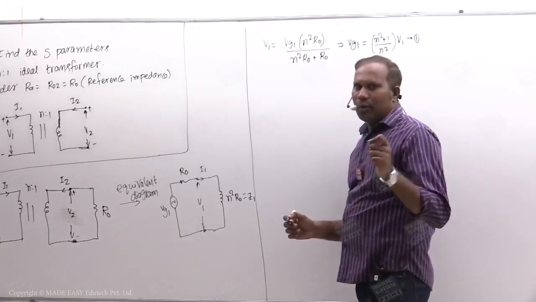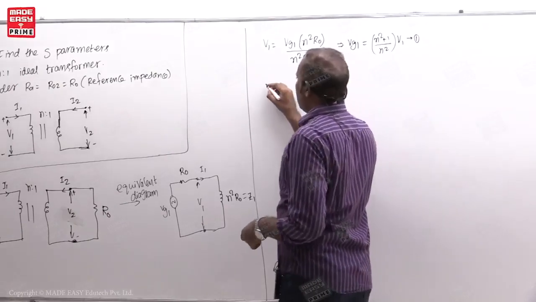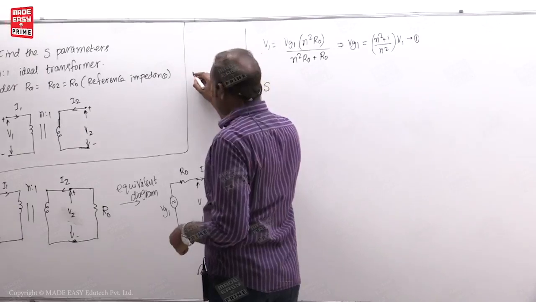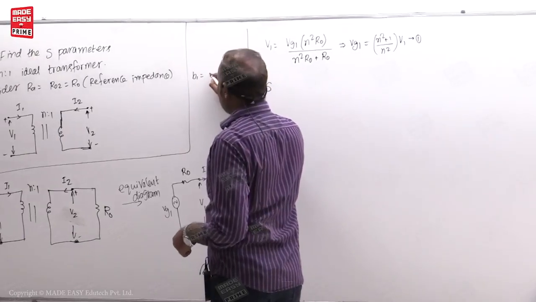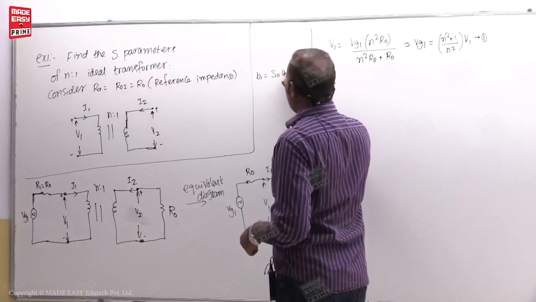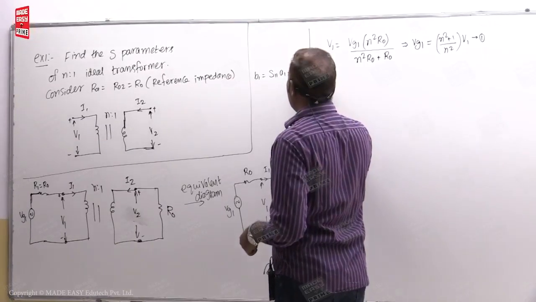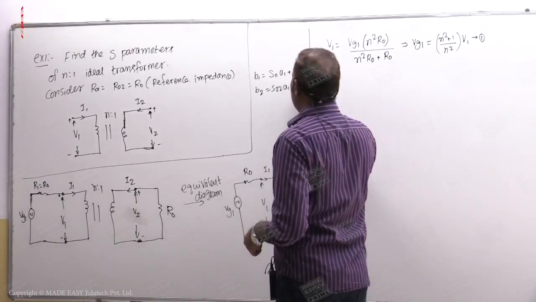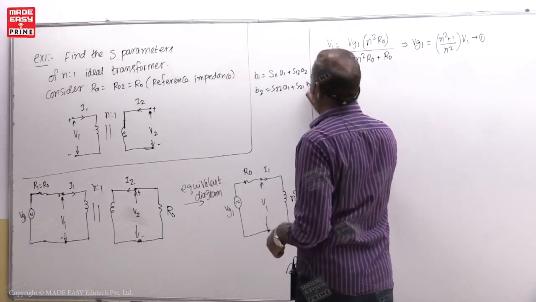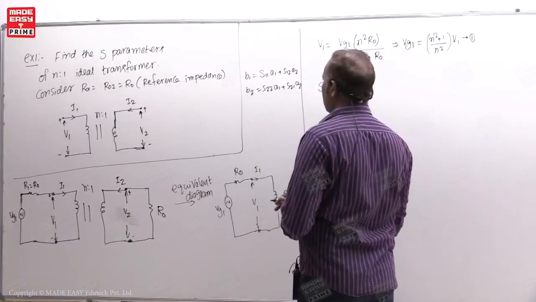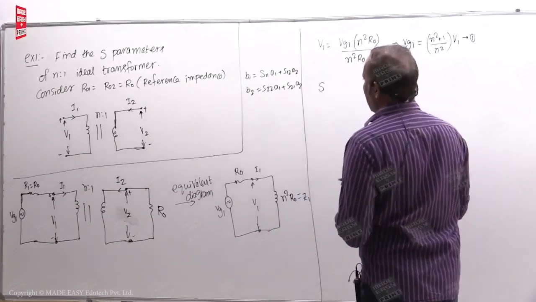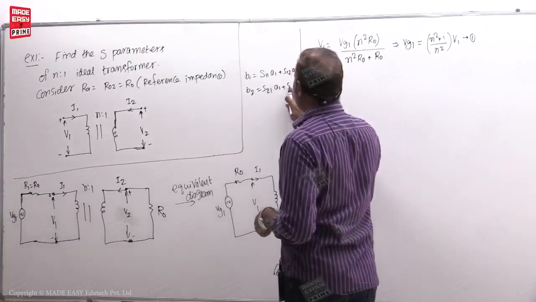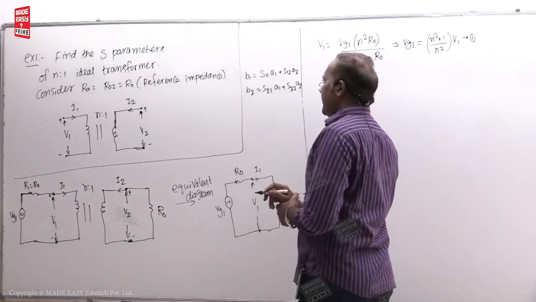Now I told you the S parameters. Once again I am writing the matrix here: B1 is equal to S11 A1 plus S12 A2, and B2 is equal to S21 A1 plus S22 A2.